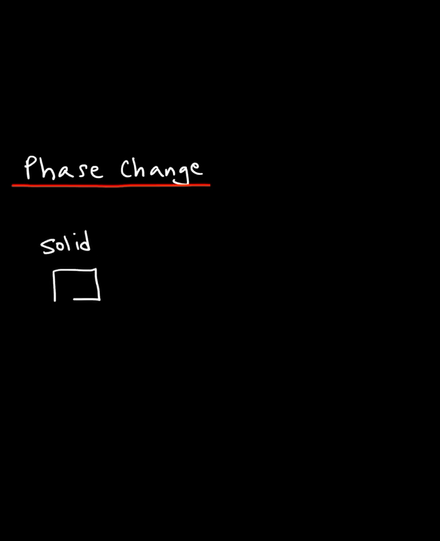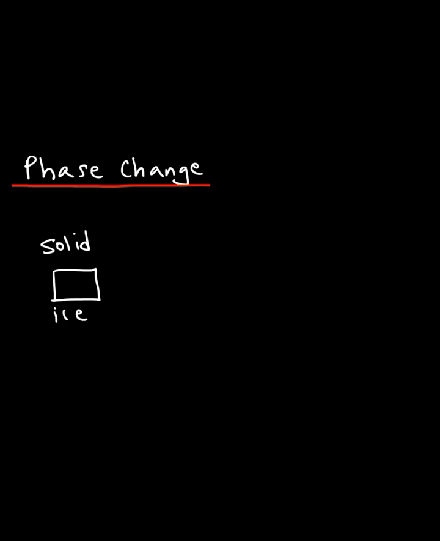Now let's talk about something called phase changes. So what is a phase change? It is the process by which we can change from one state of matter into another. So let's say we have a solid. Let's use ice, for example.